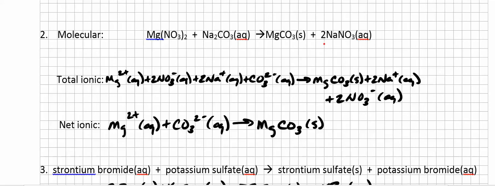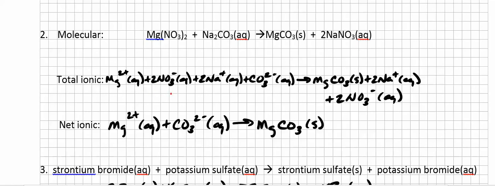That's important. So let's now write the total ionic equation. What's going to happen when you put these things in the solution? Well, the magnesium nitrate is aqueous. It's going to break down into Mg2 plus and NO3 minus. But there's 2 of the NO3 minuses, so I'm going to put a 2 in front of the NO3 minus.